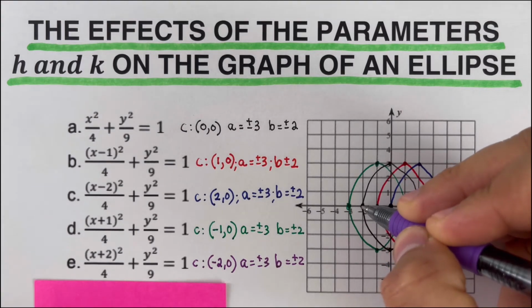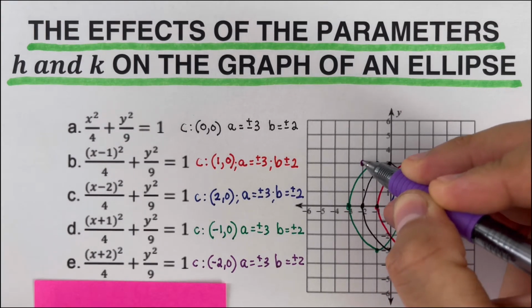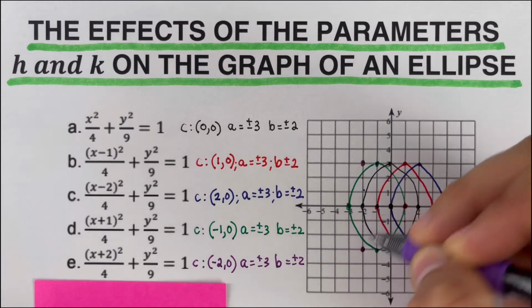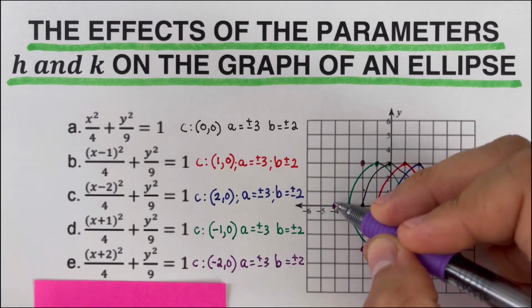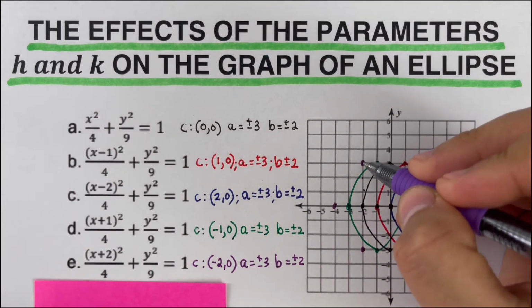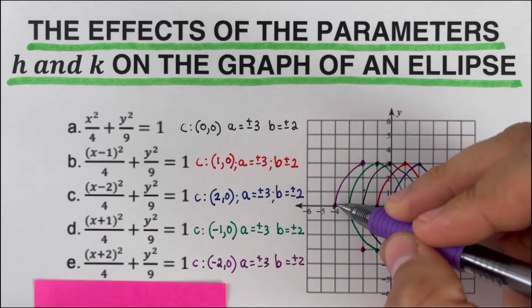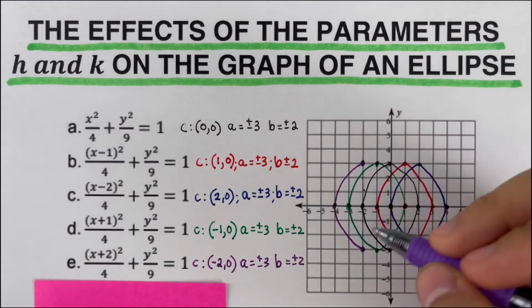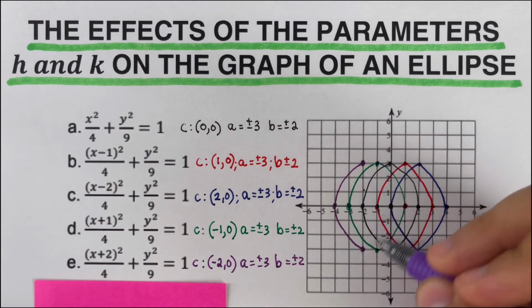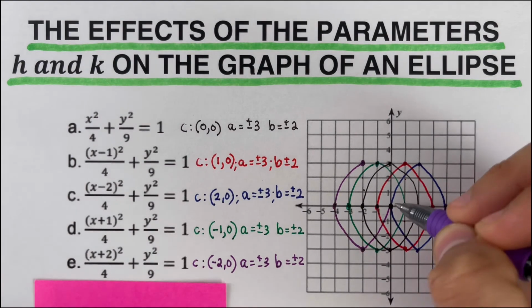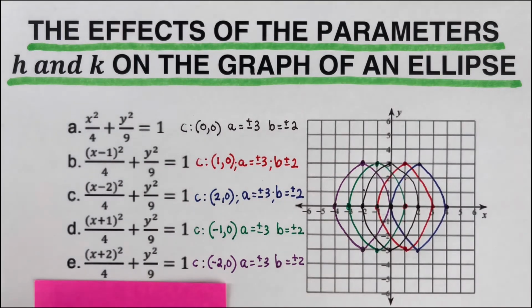And then up, down 3, 1, 2, 3, and then left, right, 2, 1, 2. So we can go ahead and sketch the fifth ellipse right here. And this is the fifth ellipse here. So that represents the fifth equation.